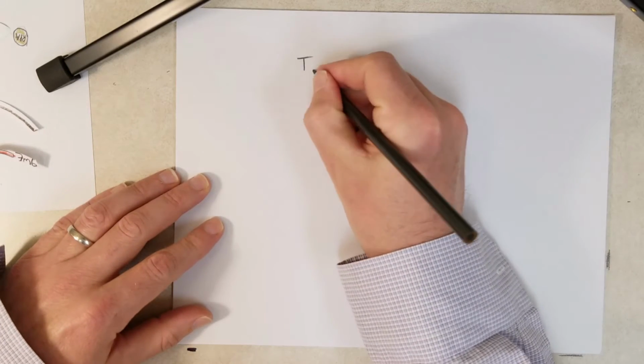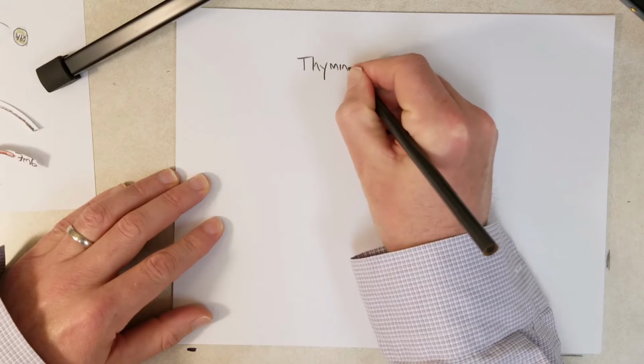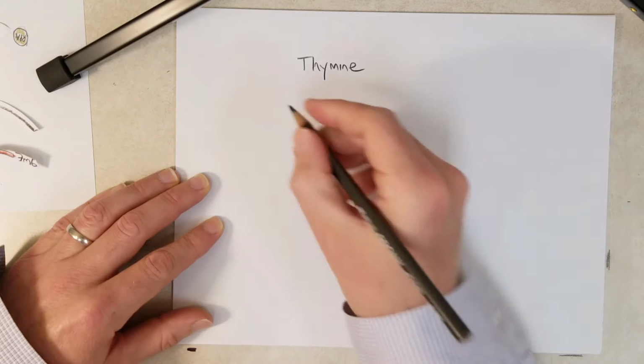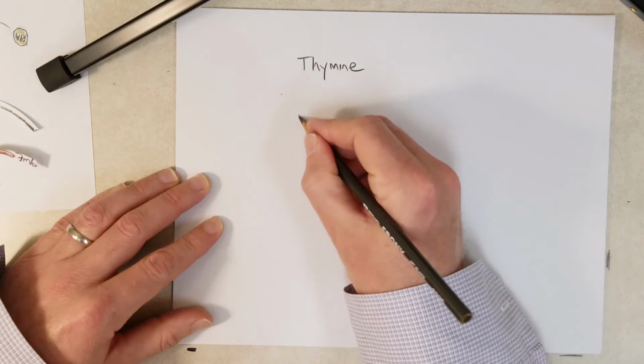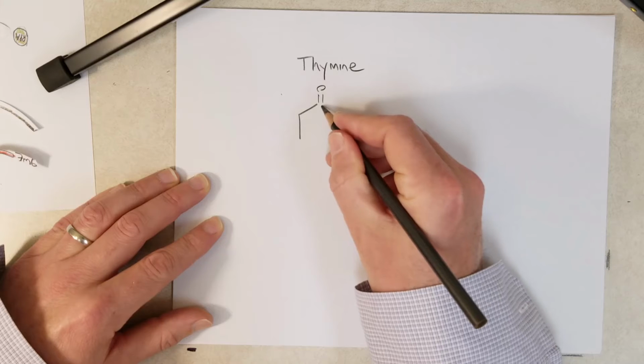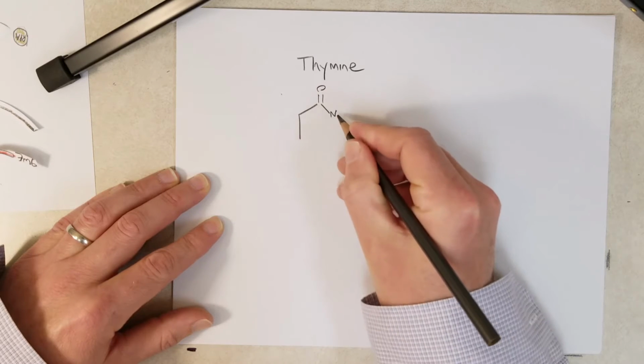Let's take a look at the structure of thymine, just the nitrogenous base. So the ring structure, remember pyrimidines have a single ring in the structure.